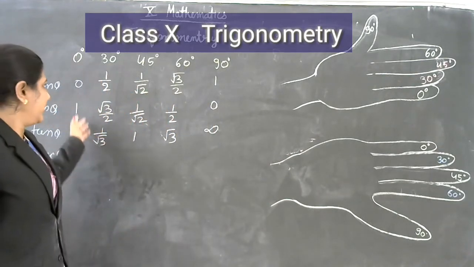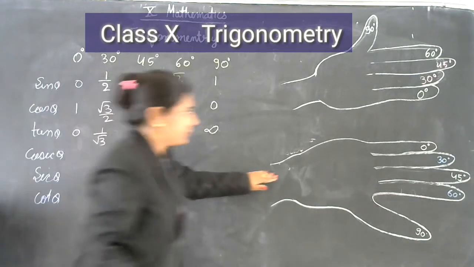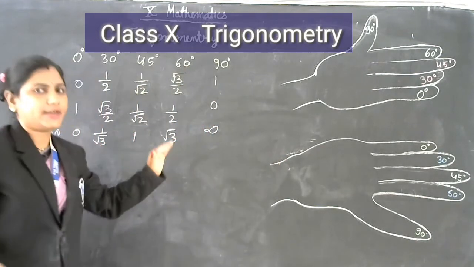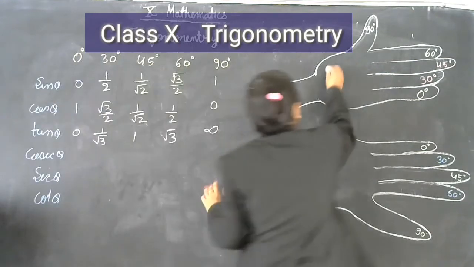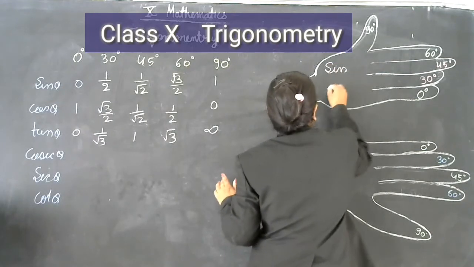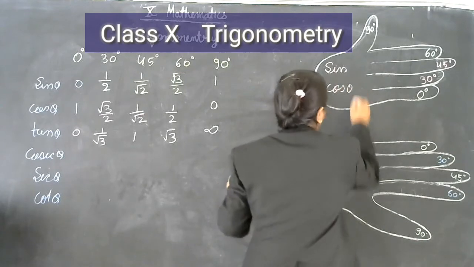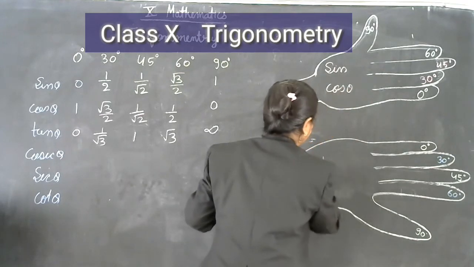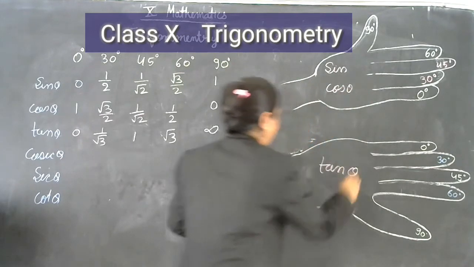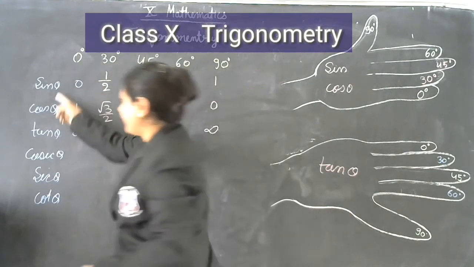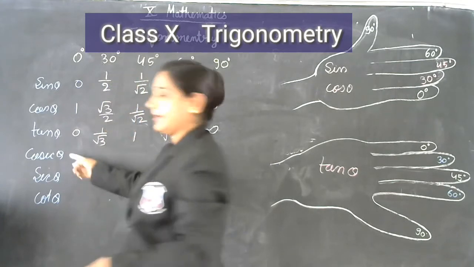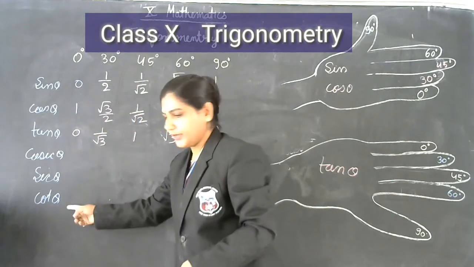So by using this, you can find the value of sin theta, cos theta and tan theta. This hand for sin and cos, and this for tan. And as I said, if you know the values of sin, cos and tan, then you can easily find cosec, sec and cot.